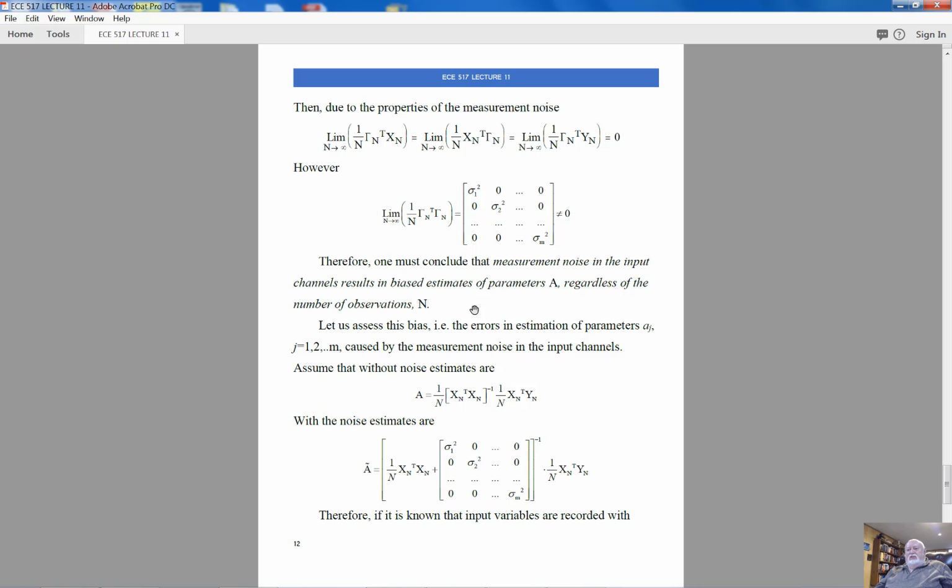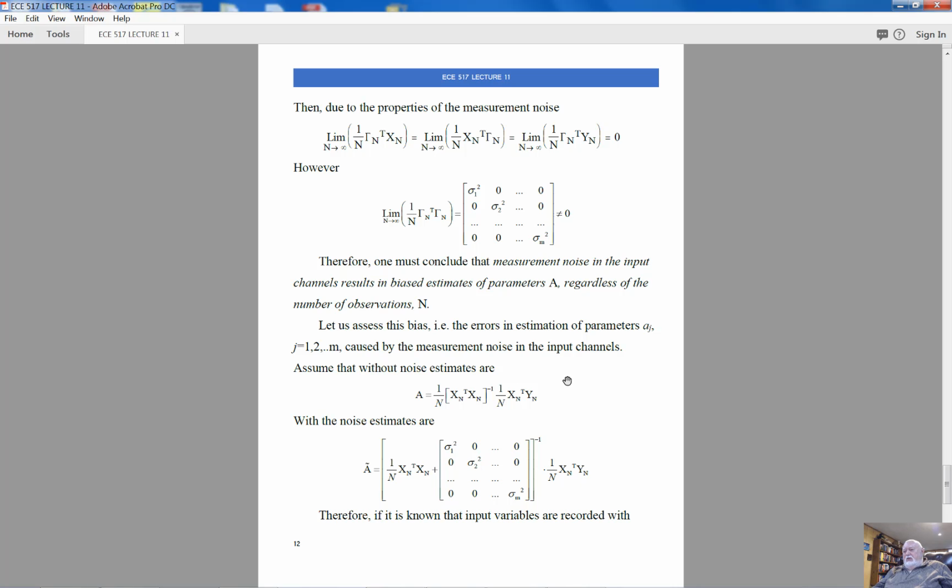Now, let's try to assess the bias. Let's say that we do have noise in the input channels. What is the price we're paying for this reality of life? Well, look what we do. Here I have the explicit definition of the least square method formula that defines parameters A, or estimates of the parameters A of the process.